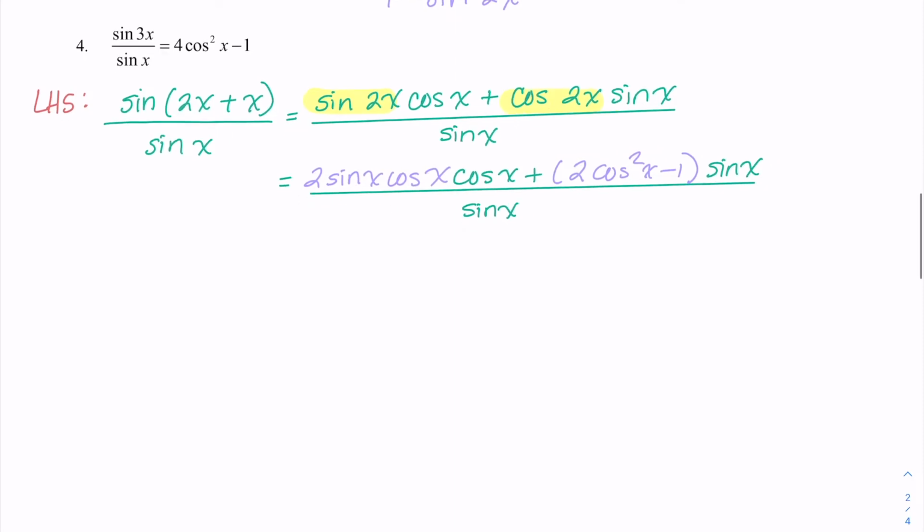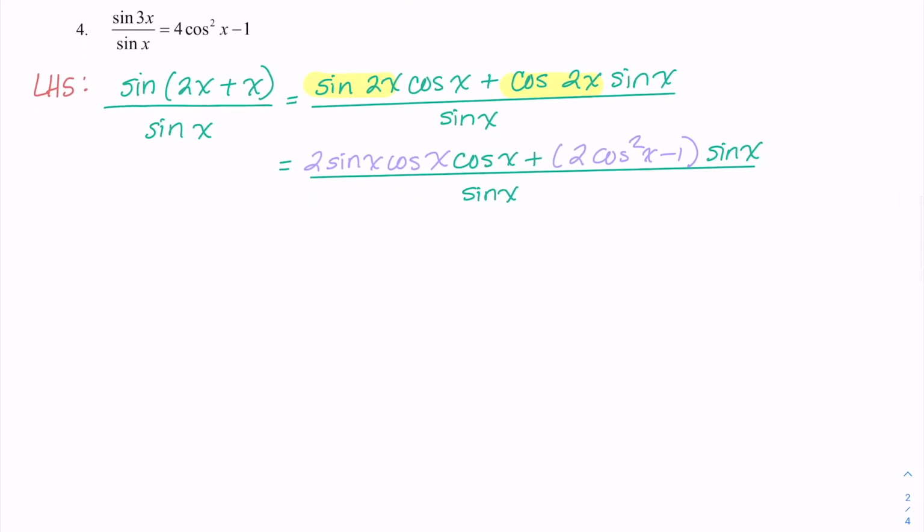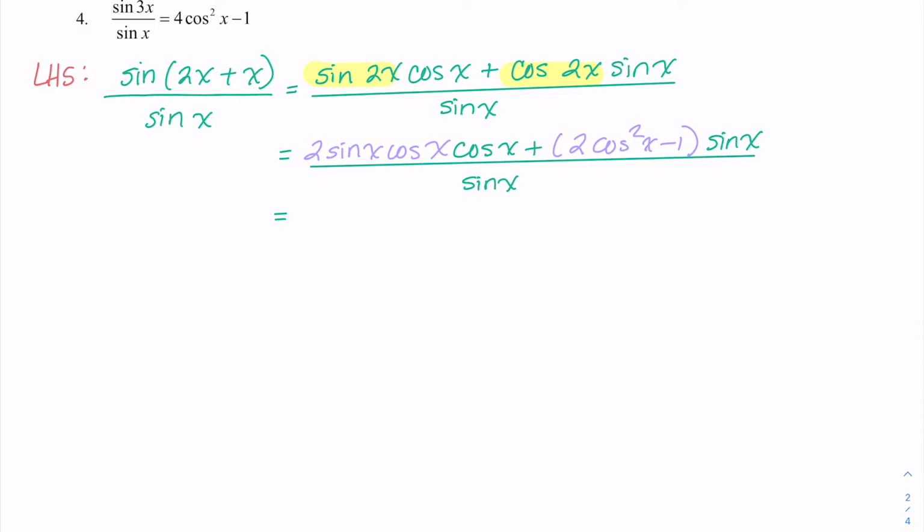Okay, so now let's go ahead and combine a few things here. We have 2 sine of x cosine squared x. And now we have 2, and I can write them in that same order. And why don't I do this? Why don't I write the first ones in that order?